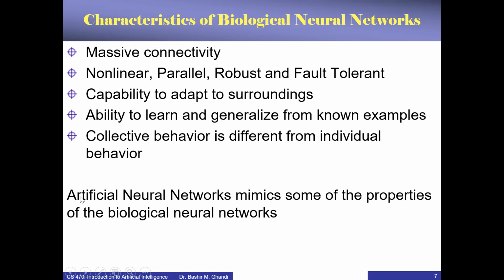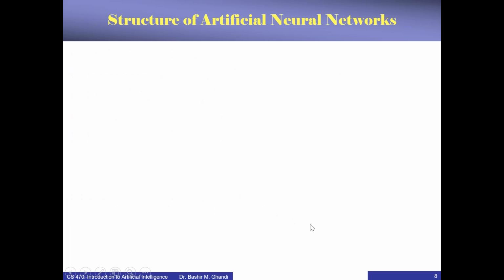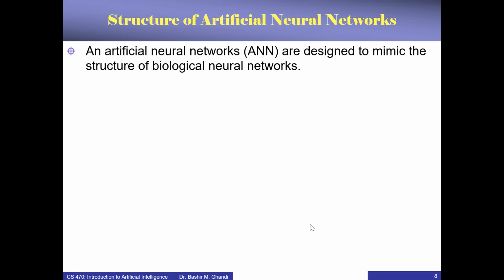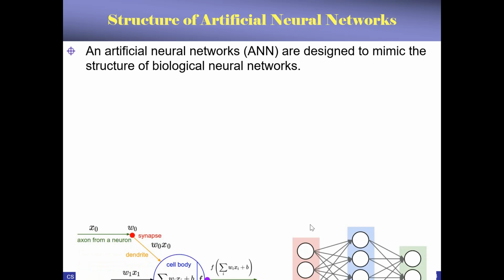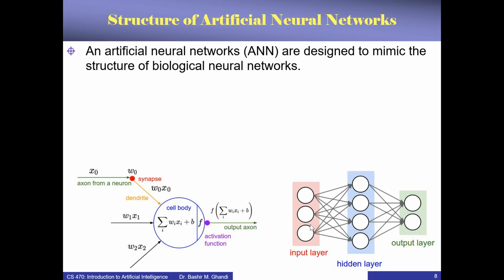So that's what I'm saying here. Artificial neural networks mimic some of the properties of biological neural networks. So let us see the structure of artificial neural networks. An artificial neural network is designed to mimic the structure of a biological neural network, as you can see in this diagram.